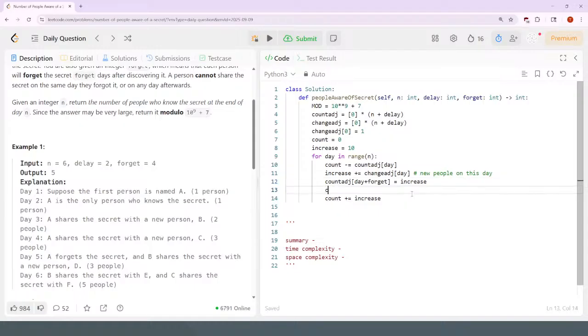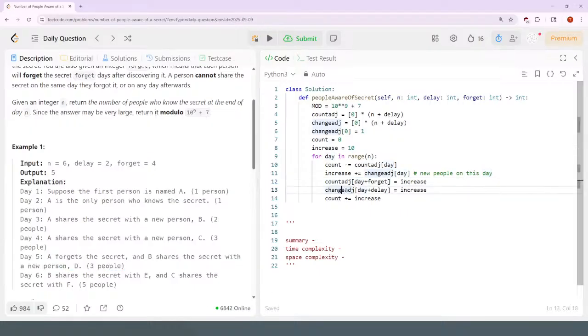And then change adjust on day plus delay is going to equal the increase. So if you have a person that is on day 1, count adjust, which is to remove themselves when they forget, is on day 1 plus 4, which is day 5.